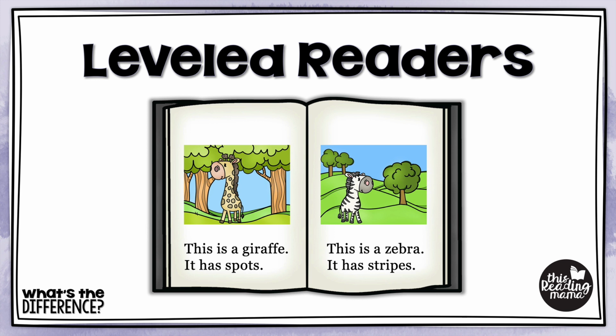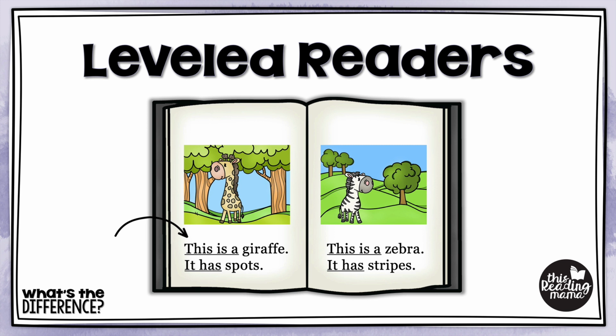This would be an example of a leveled reader. Let's say this book is called At the Zoo. Two sample pages from this book may read, "This is a giraffe. It has spots. This is a zebra. It has stripes." In this text, we have predictable sentence starters. We have "this is a," and the second sentence, "it has."